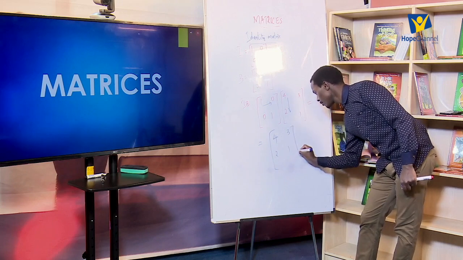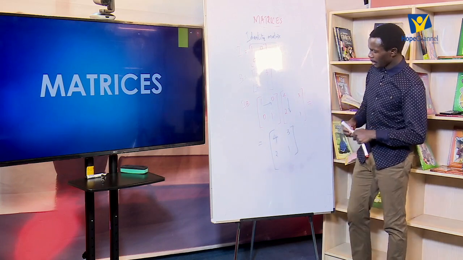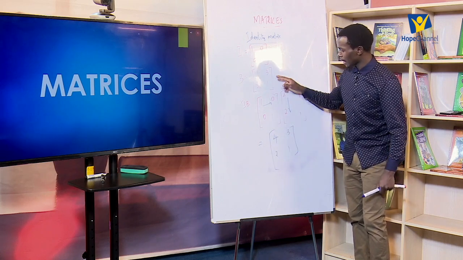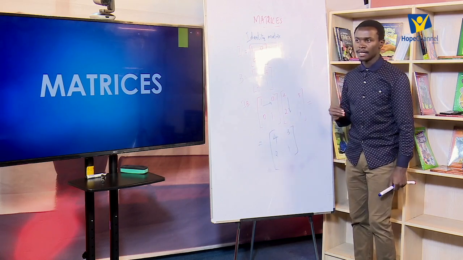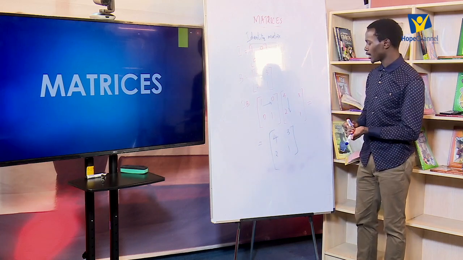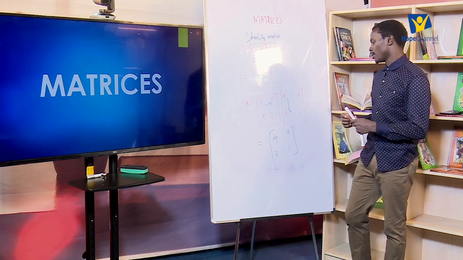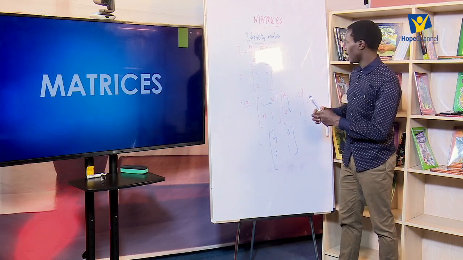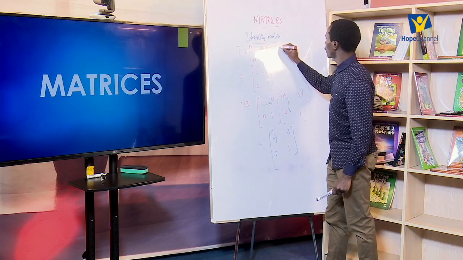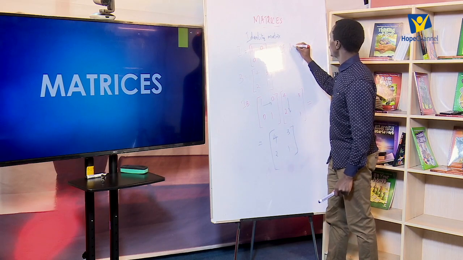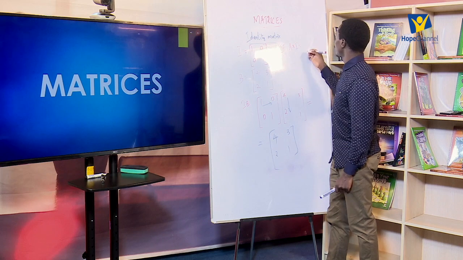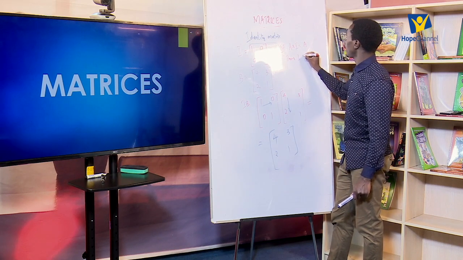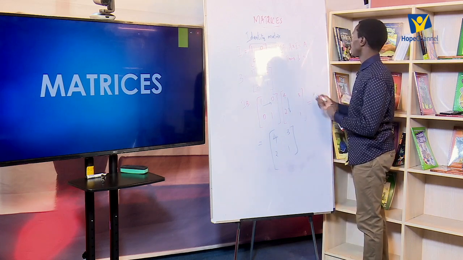Look at this solution matrix and B. They have the same elements. They are equal. Basically, we call them equivalent. So if A multiplied by I is equal to A, then I is the identity matrix.